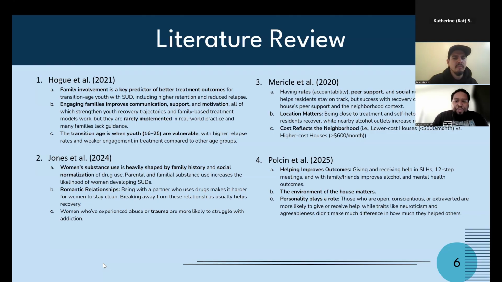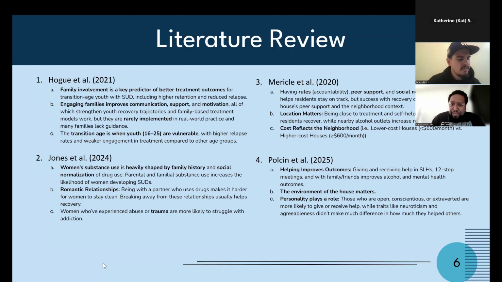So again, we need to look not only at the micro level of the family unit, but also much further, hitting those points of history to make sure that we are doing the best care possible.